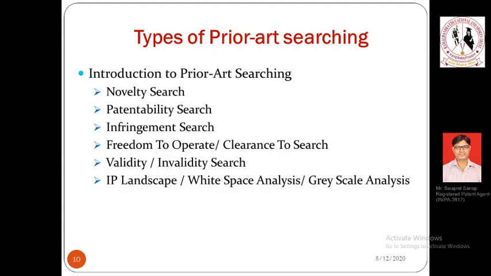Now there are other types of searches also. For example, classification based search. This is a bit of a different concept which I would like to introduce here. Classification search is a type of search wherein every patent that is filed is associated with some technology.